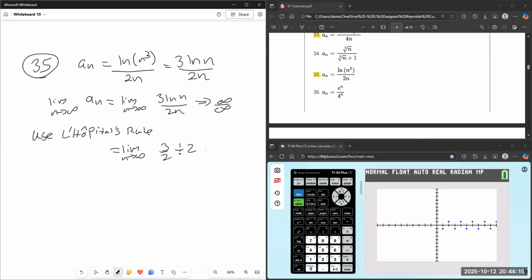So that's equal to 3 over n divided by 2 is 3 over 2n. That's what I was trying to write there. And this will be the limit as n goes to infinity of 3 over 2n. So that is equal to 0, and it converges.